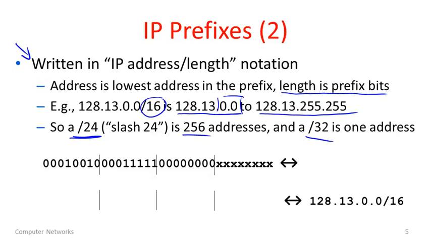Let's do an example to see how all of that works. So here is a number written out in binary, except I've X'd out the last bits because they can take any value. How will we write that in our notation? Well, the last 8 bits are free, so the first 24 bits are fixed. So that means this is a /24 prefix.